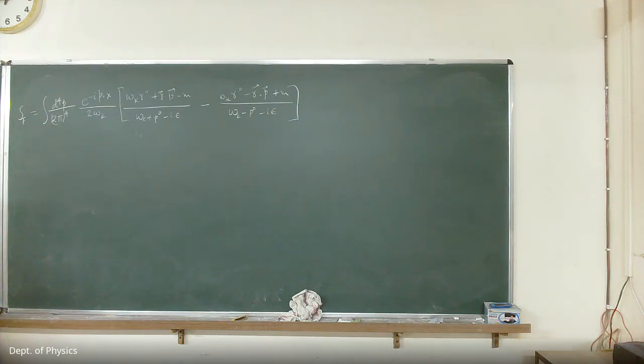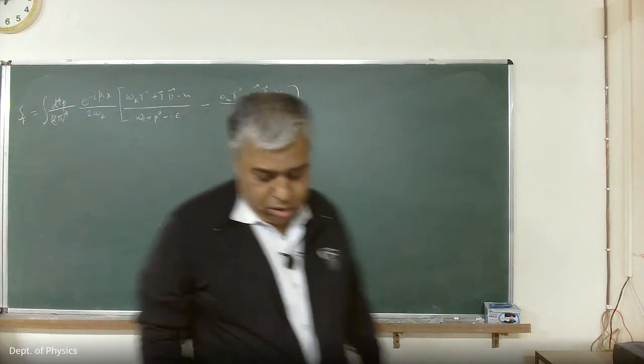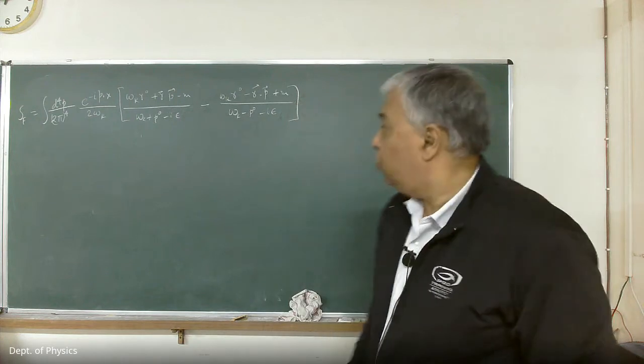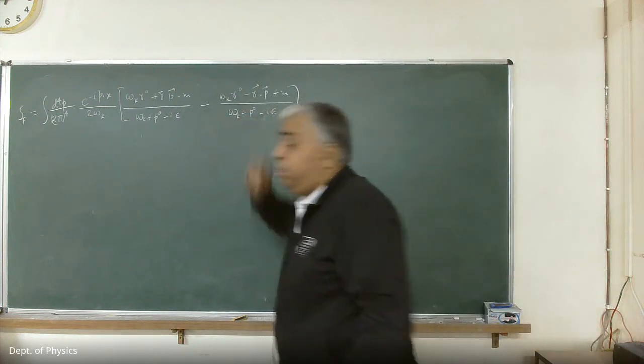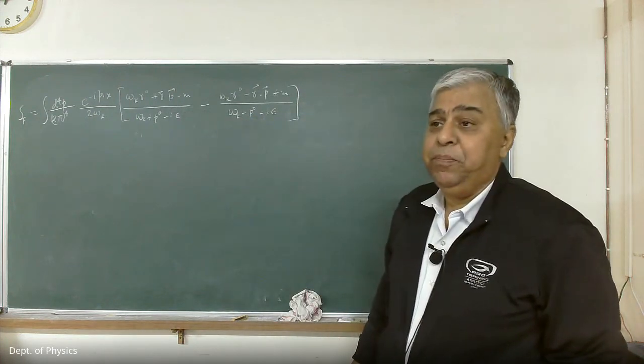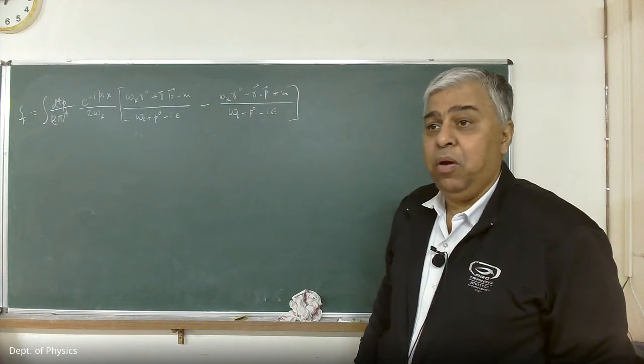So epsilon is very small, infinitely small. This helps me simplify this expression considerably. What will we do? Consider this expression in the parentheses here. Epsilon is very, very small.